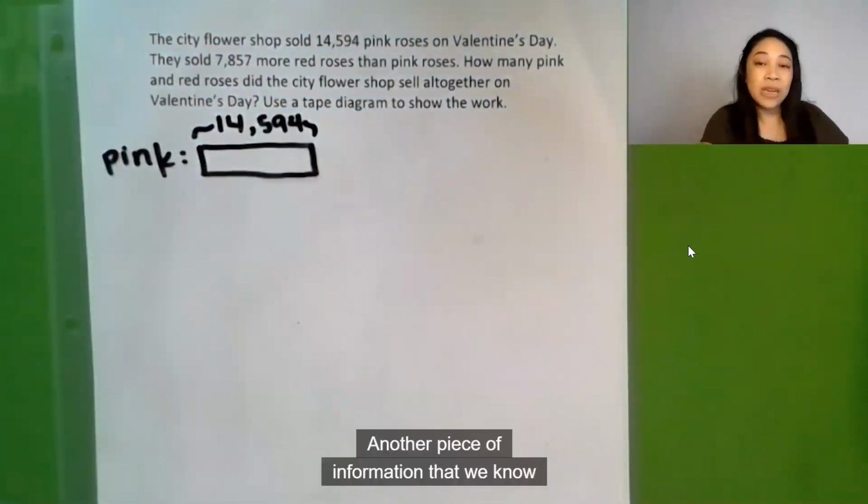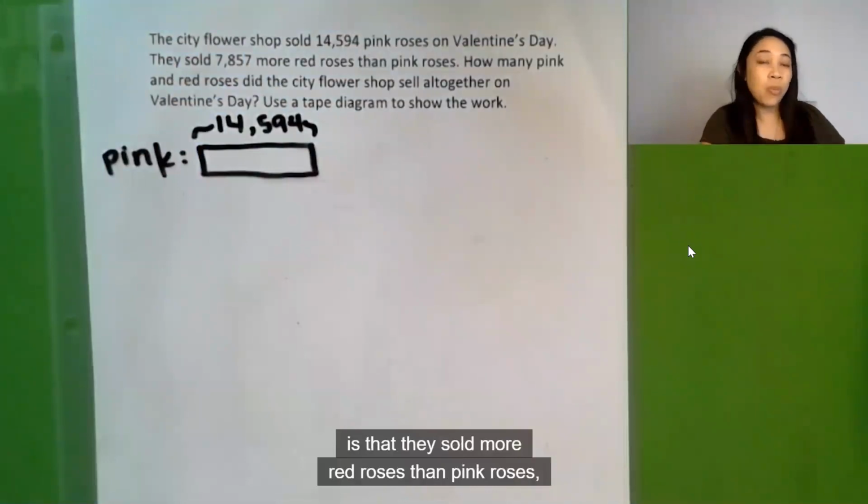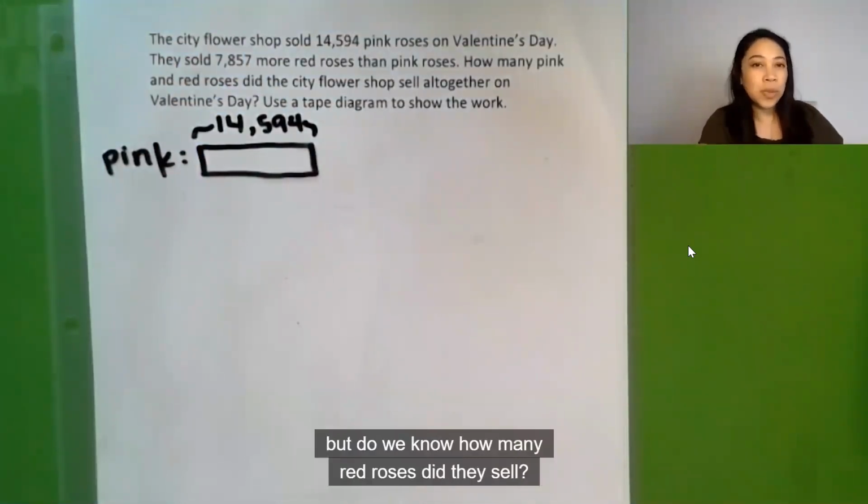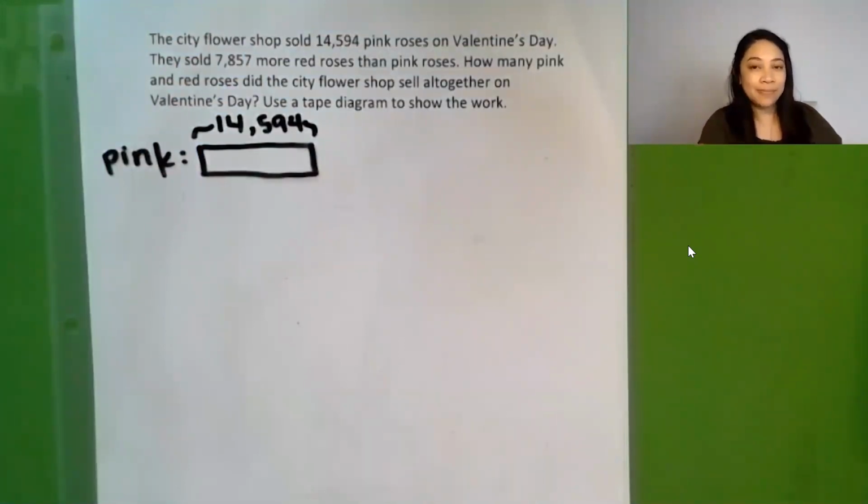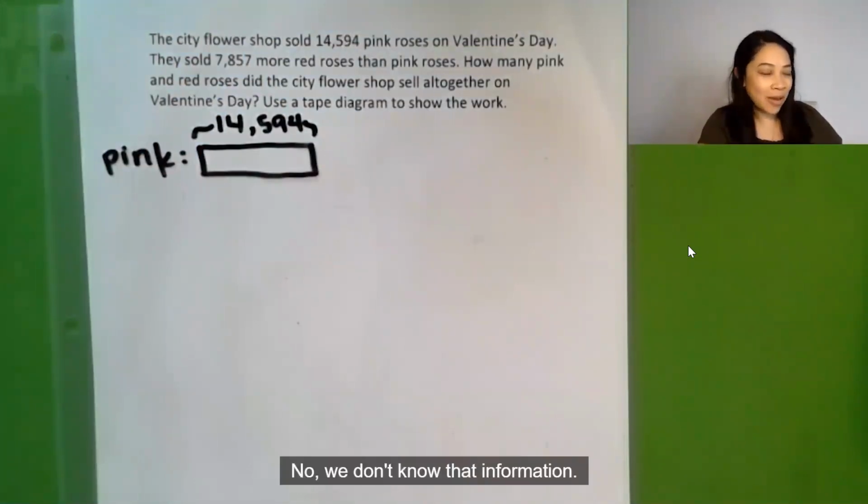Another piece of information that we know is that they sold more red roses than pink roses. But do we know how many red roses they sold? No, we don't know that information.